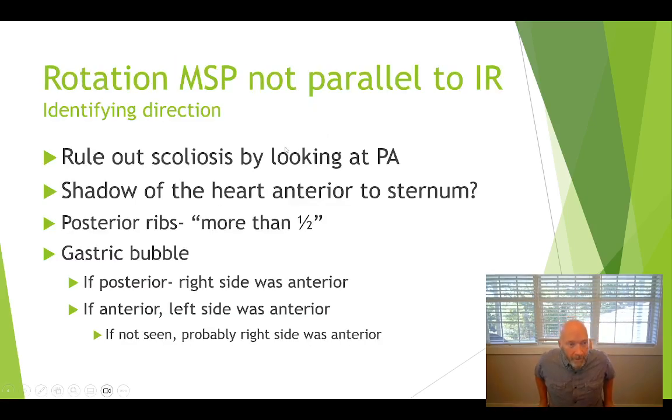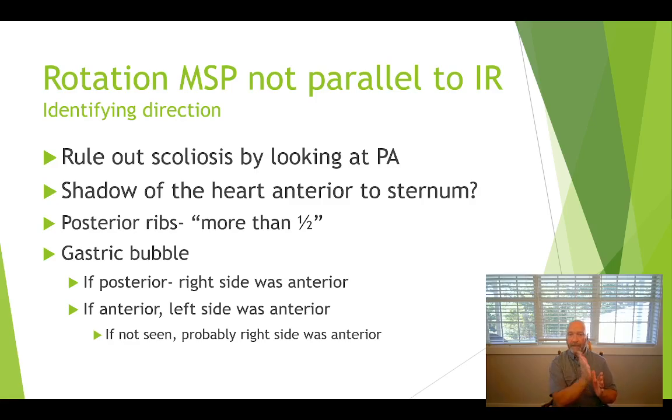So one thing that you're going to want to do before you repeat an image for rotation is to make sure that you rule out scoliosis. Scoliosis is a lateral deviation of the spine. So you're going to look at the PA and look at it well and see if the spine kind of makes an S turn. With scoliosis, and we'll talk about this when we get to spines, you have primary and secondary curves.